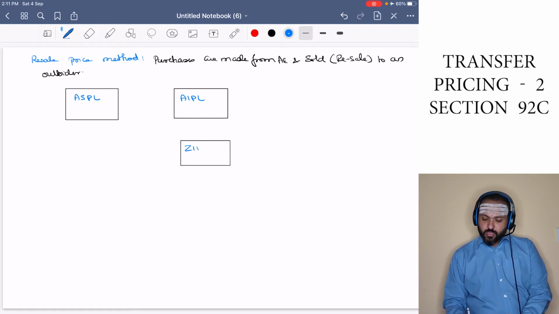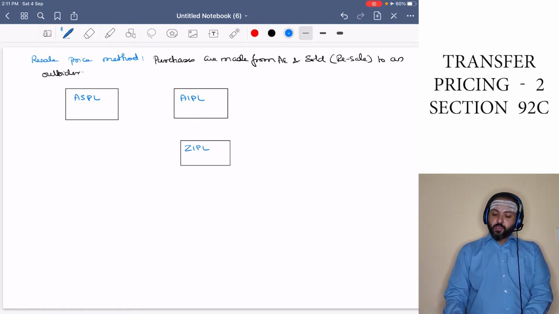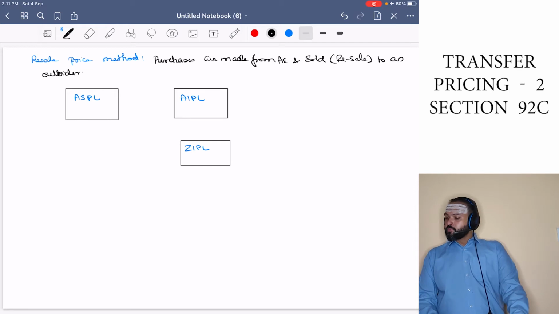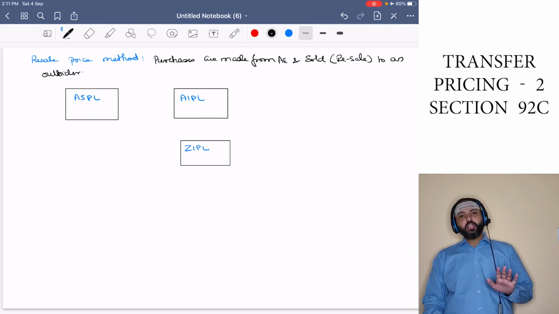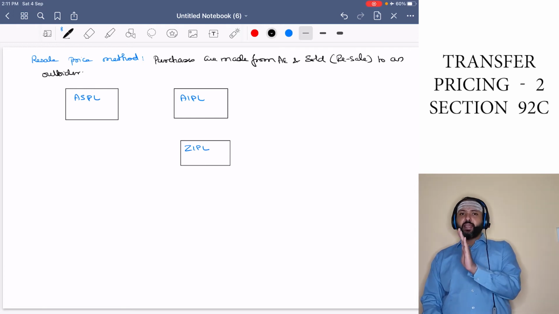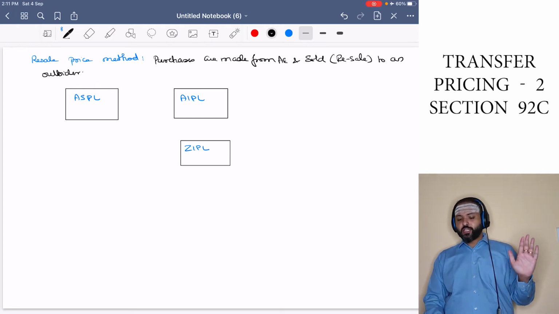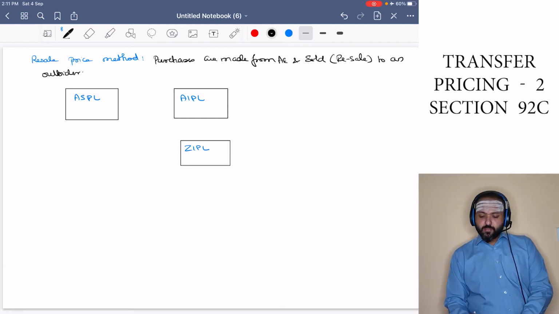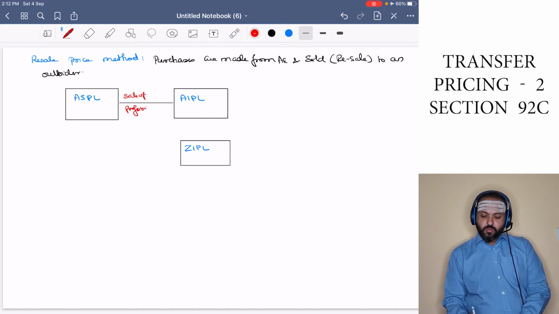Since we already know that ASPL and AIPL are associated enterprises, let us not delve into that. So there is a purchase here. Sale of professional laptops.